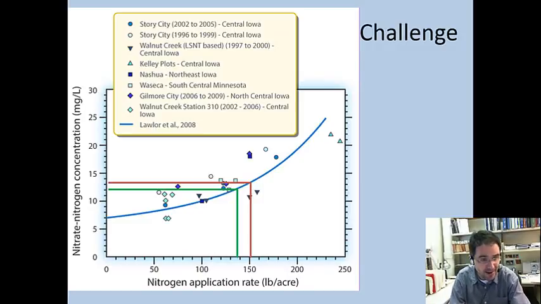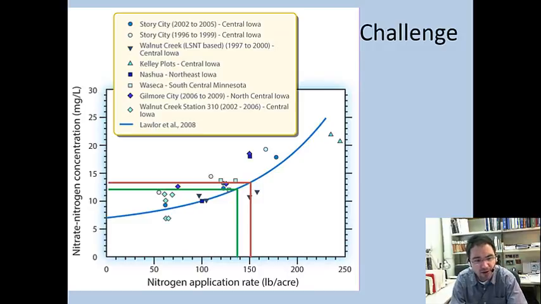So this is a data curve. The curve is from some data that we collected in north central Iowa, published in the Transactions of ASABE, American Society of Agricultural and Biological Engineers, in 2008. And then the other data points are other data sets from Iowa and south central Minnesota.